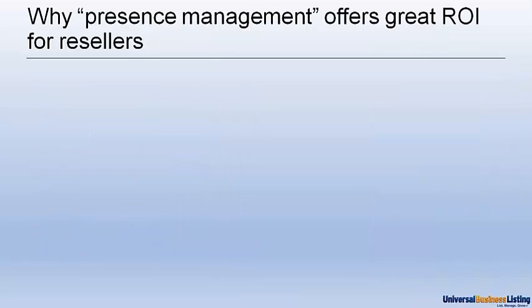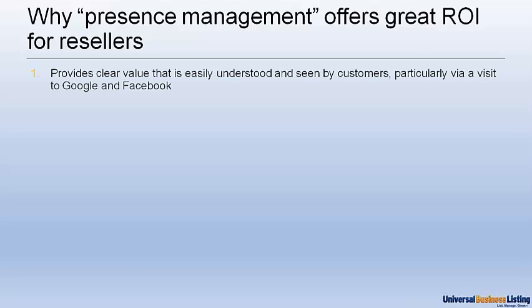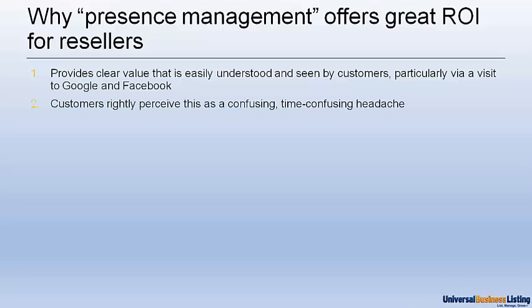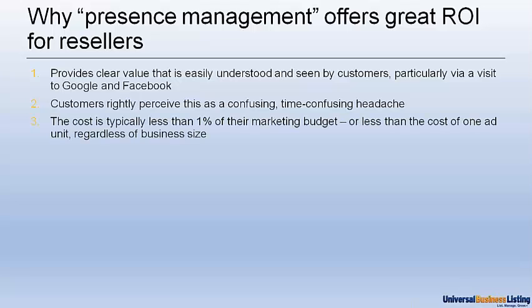So one of the things I would like to finish with is why presence management offers such a great solution opportunity for resellers. It provides a clear value because it's easily understood by customers, particularly when they go to Google and Facebook. They use it every day, they understand it. And again, as you saw from the spaghetti maps, customers rightly perceive this as a confusing and time-consuming headache that they need help with.